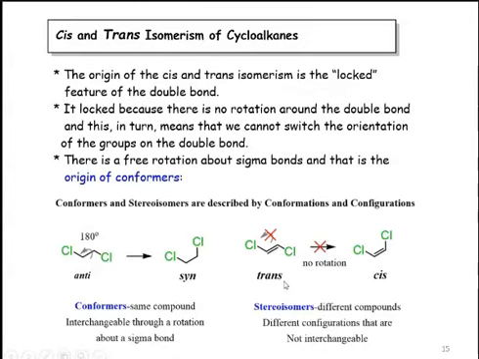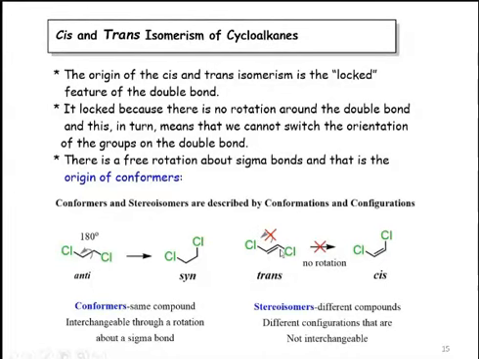Now let us see how these conformers differ from stereoisomers. When we talk about stereoisomers, where there is a pi bond, can we subject this functional group to undergo free rotation? No, because pi bonds are associated with restricted rotation. A double bond is always associated with restricted rotation.